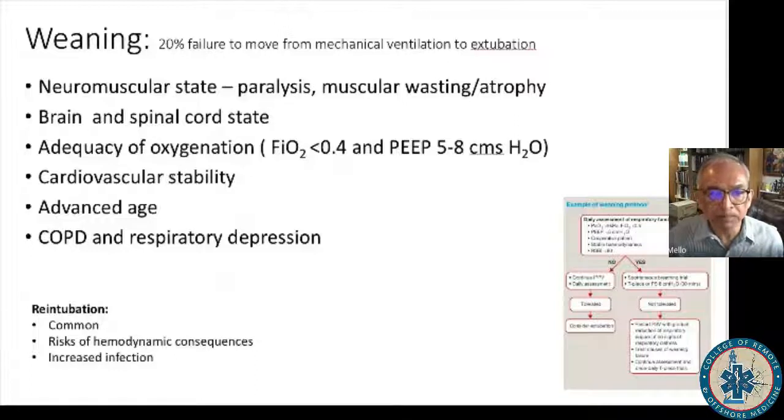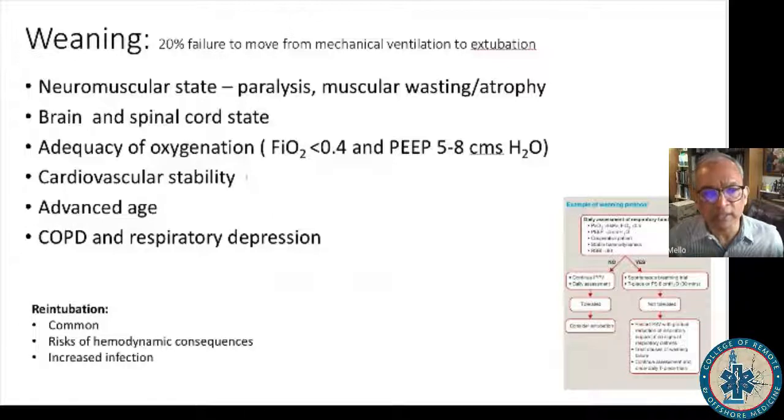which drives the diaphragm. Is the oxygenation adequate with an FiO2 less than 0.4 and a PEEP at the low levels of 5 to 8 centimeters of water? Is the cardiovascular system stable? Because if the cardiovascular system is not stable, remember the cardiac and the respiratory systems work in synchrony, and therefore you've got instability of the cardiac system, whatever the cause, whether it's an arrhythmia, whether it's pump function, you're going to have problems weaning.